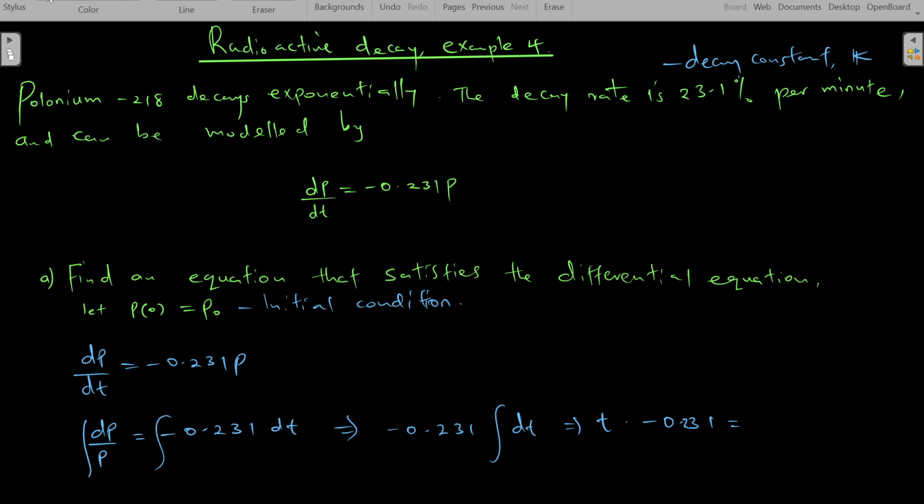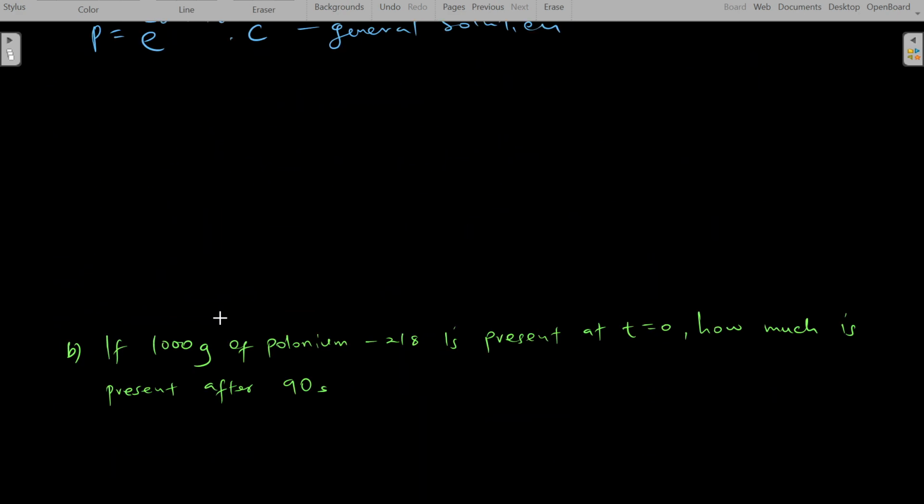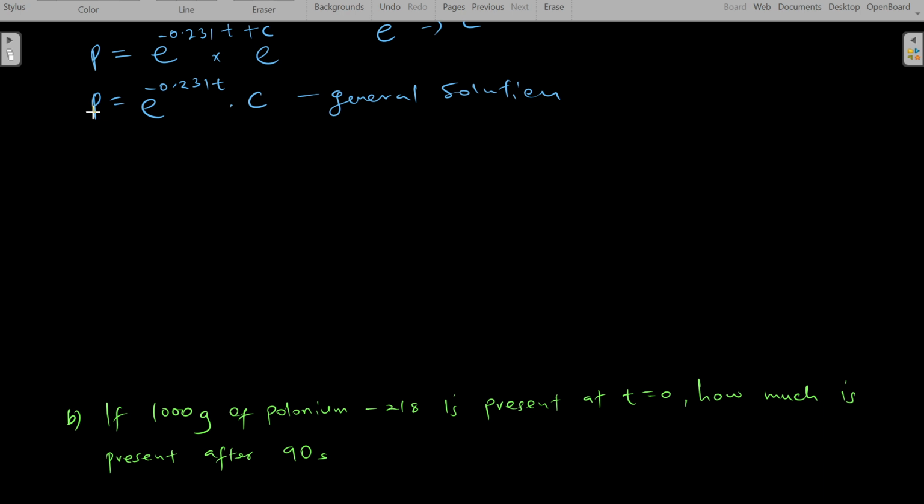So let me indicate something at this point. This is the remaining amount P at time equal 0. We should get the original amount. So the remaining amount P, as a function of time, should equal e raised to negative 0.231 at time equal 0, multiplied by C. In this case, this will go down to 1 because e raised to 0 is just 1.